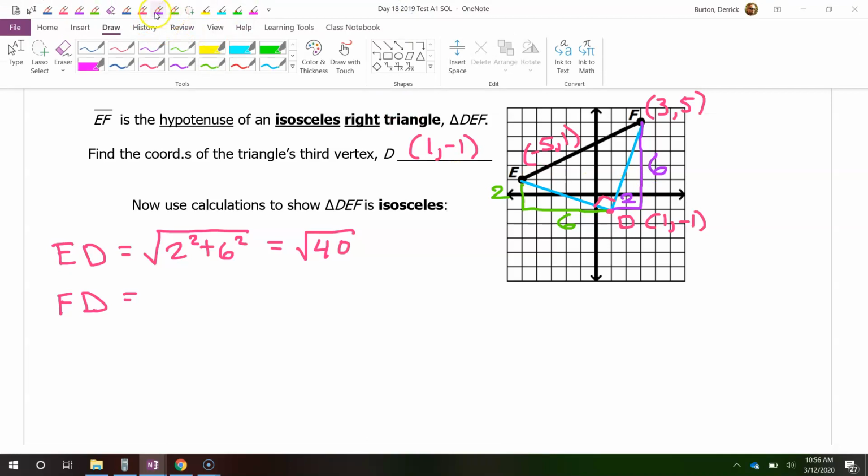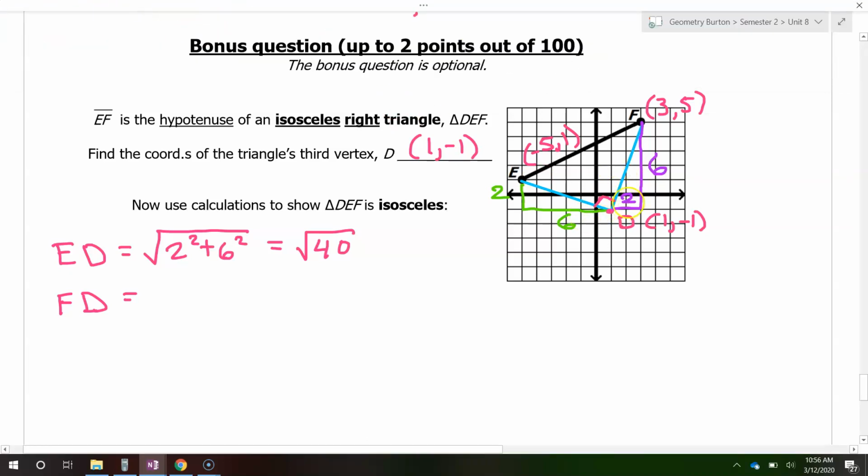So again, because I have 2 and 6, this is going to be the square root of 2 squared plus 6 squared, which is the square root of 40. So this proves that we have an isosceles triangle because same length.